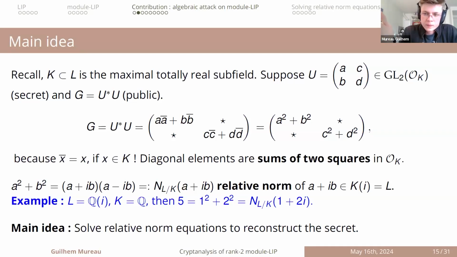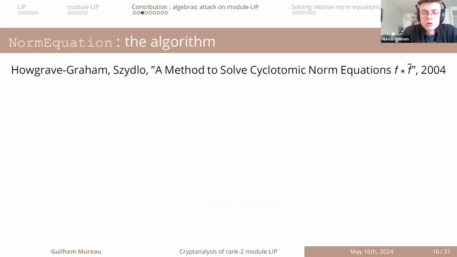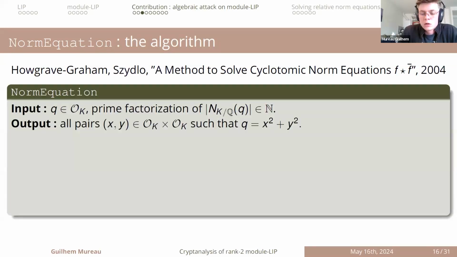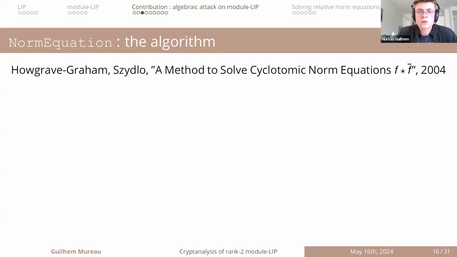For example, if we solve the norm equation for the first coefficient and get all the solutions, among them we must have A plus iB, which will give the first column of the secret key. So we really need all of them, and this is something new. It is based on an algorithm from Gentry and Szydlo.